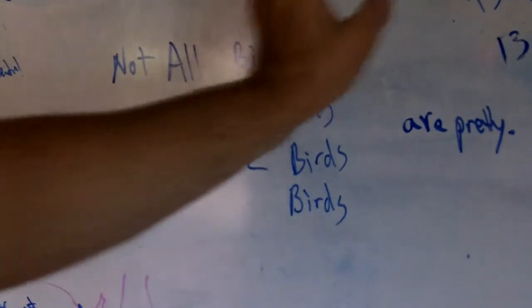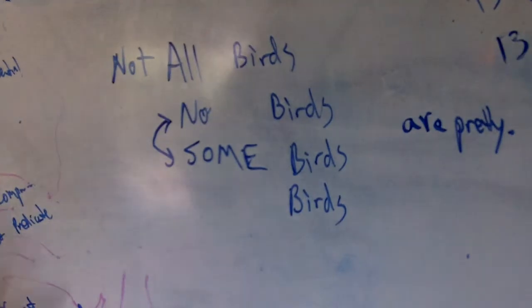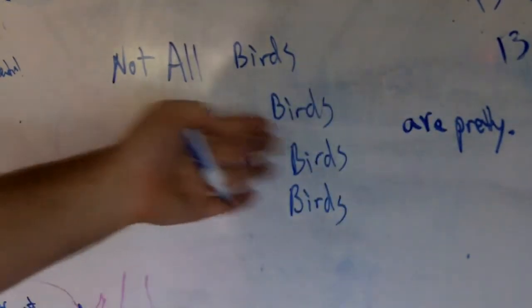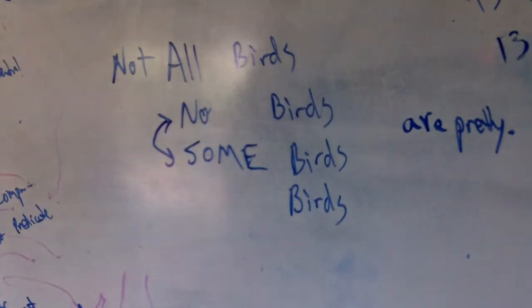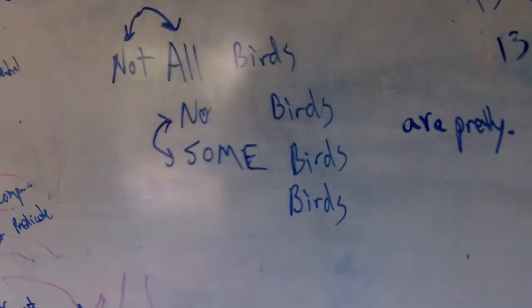All birds, whatever. Not all birds, whatever. No birds, whatever. Some birds, whatever. These two are contradictory. If at first you say some birds, whatever, the contradictory is no birds, whatever. One has to be true, the other has to be false. That's how you form the contradictories.